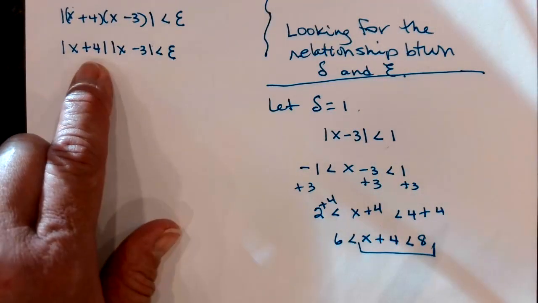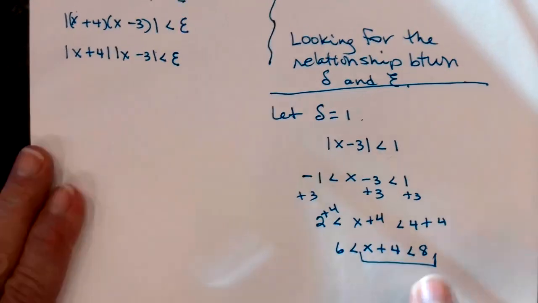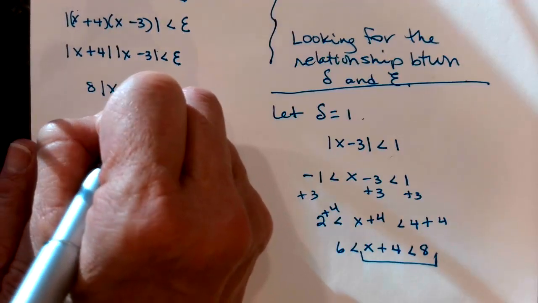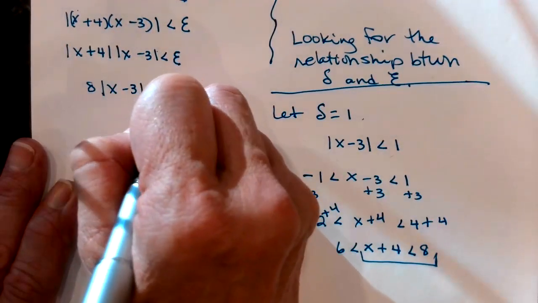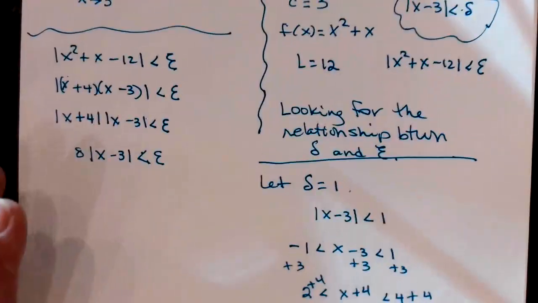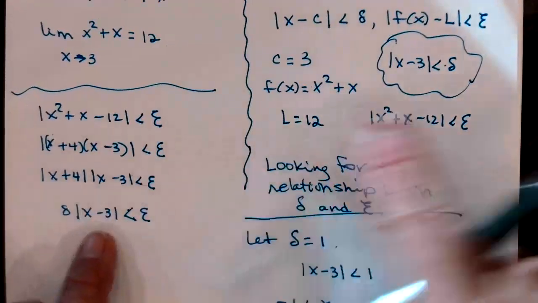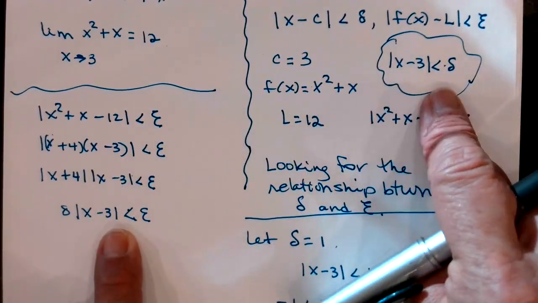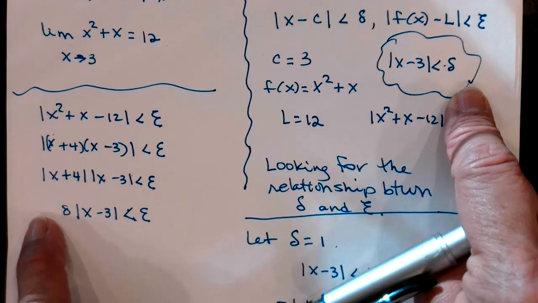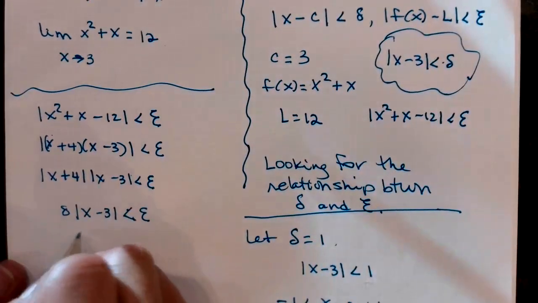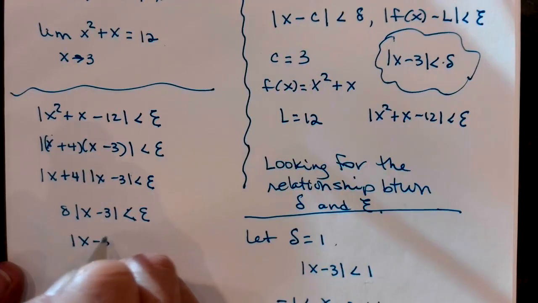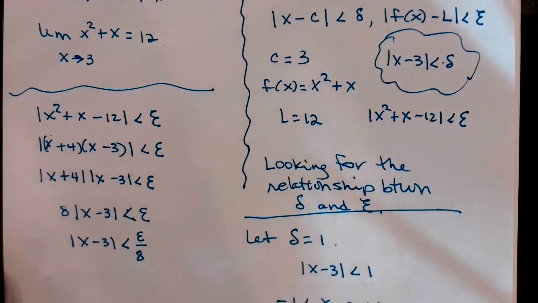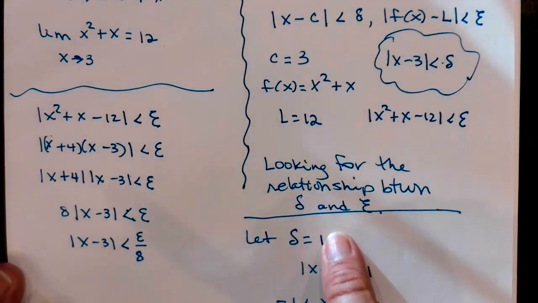So I replace this x plus 4 with an 8. Now I have 8 times the absolute value of x minus 3 is less than epsilon. Now we're looking like the thing I needed, this |x - 3| less than delta. So I divide both sides by 8, which tells me that |x - 3| has to be less than epsilon over 8.